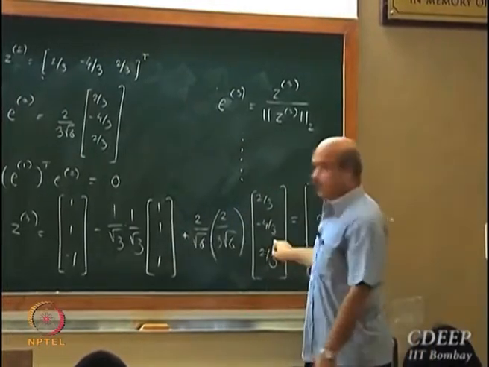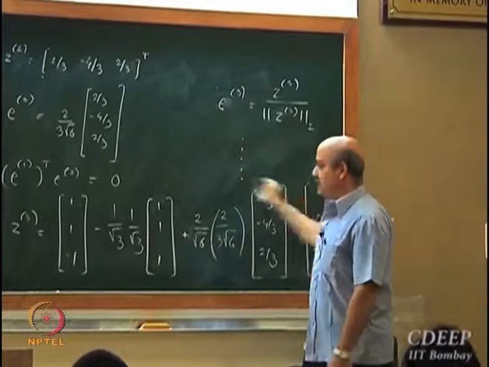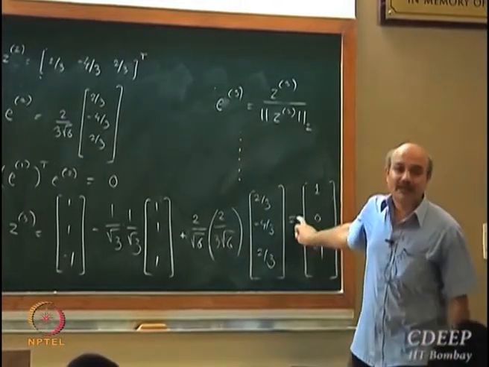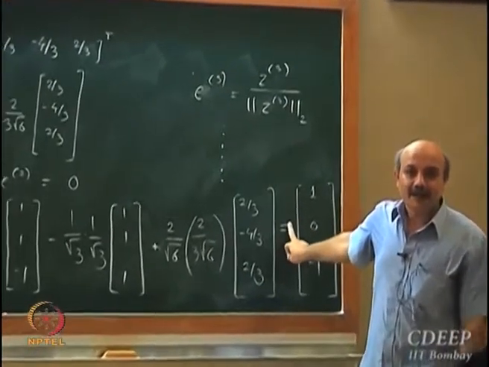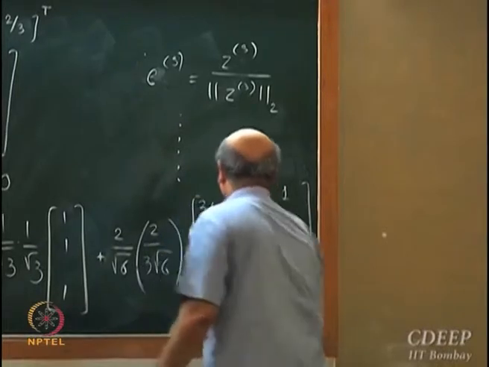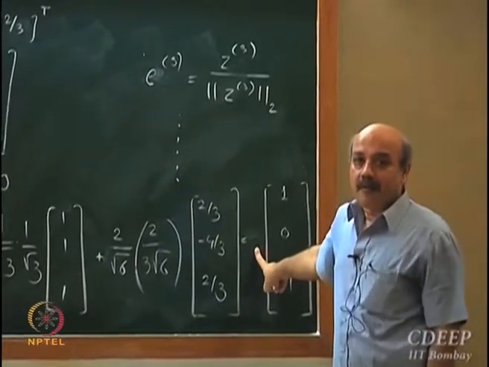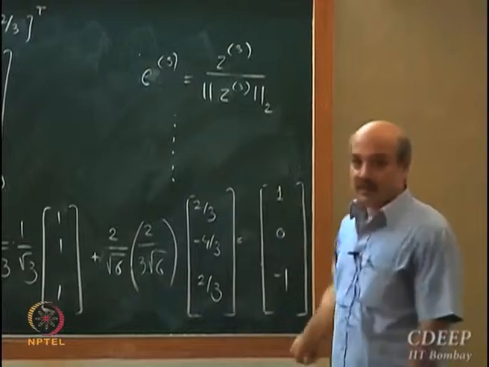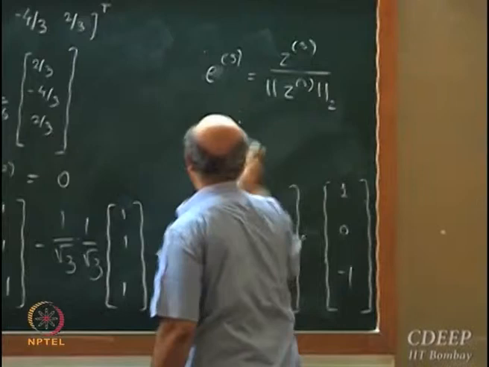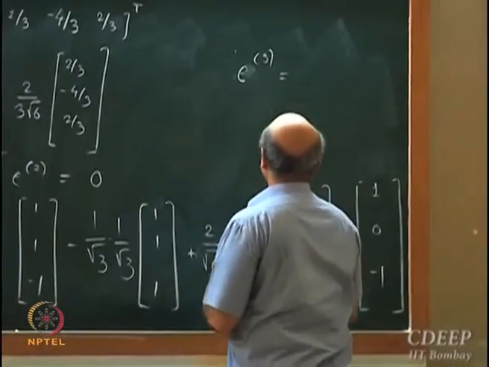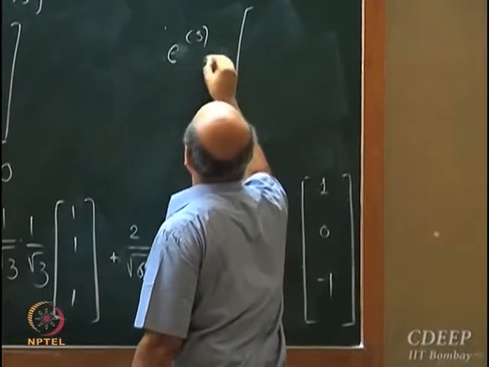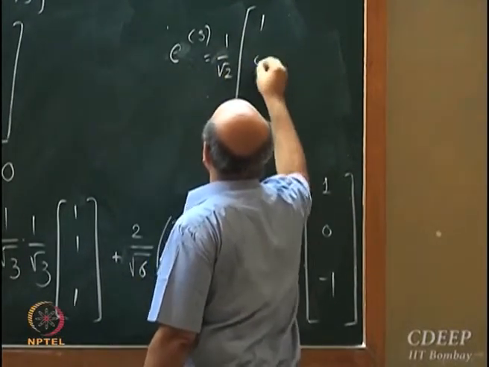I am not sure about the multiplying factor. Is it 1 by root 2? Okay. So E3 becomes 1 by root 2 (1, 0, -1).